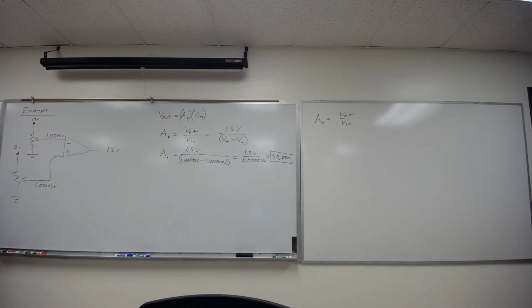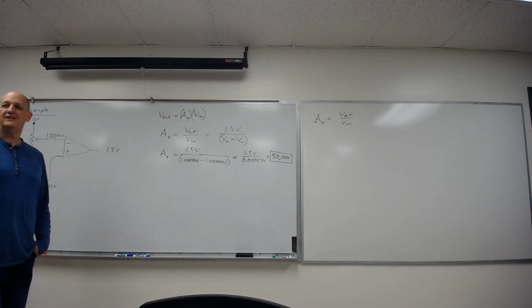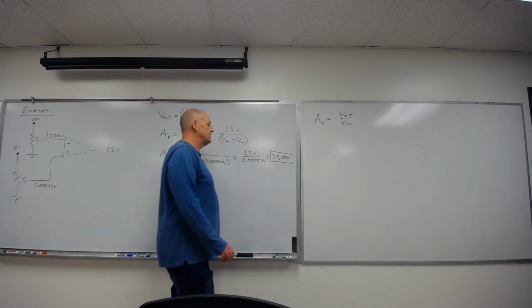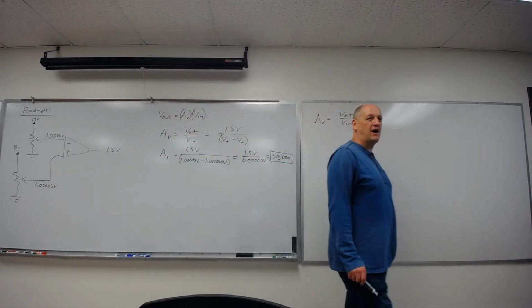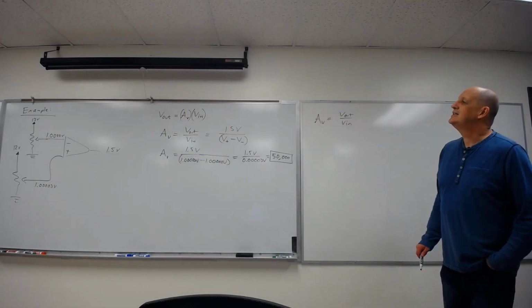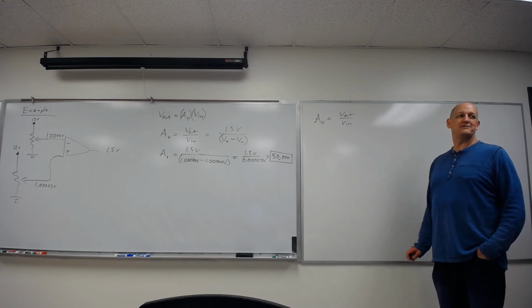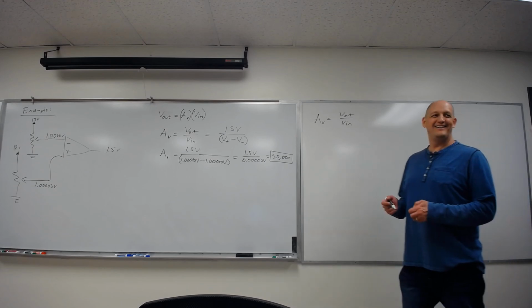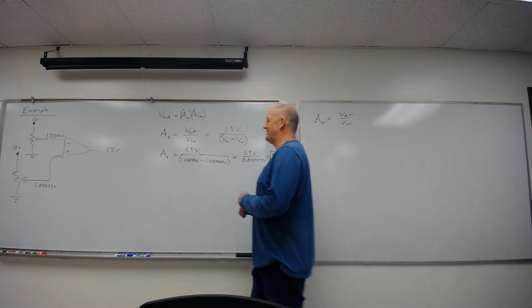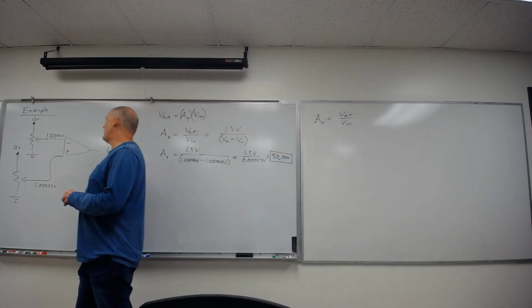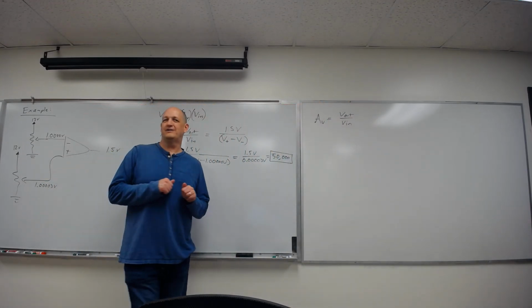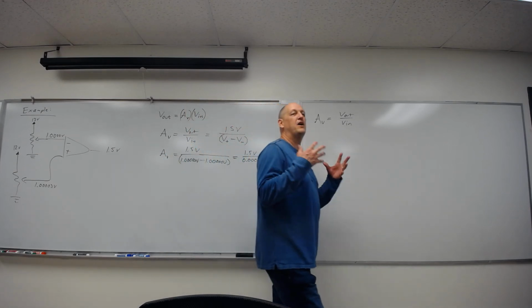Does that seem reasonable to you from your common sense understanding from my one day's lecture and however much time you spent reading the text? What did I say gain for a typical op amp is? See how much attention people paid to me on Tuesday, because I said it several times. What did I say gains for op amps typically are? Up in the 100,000 range.